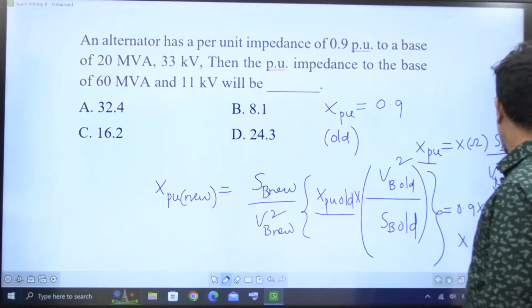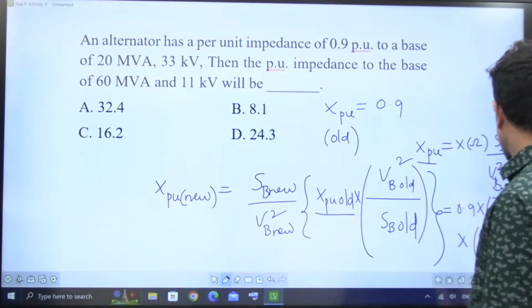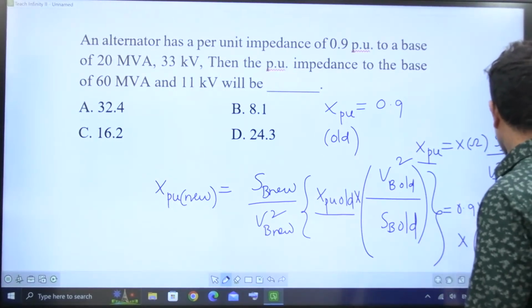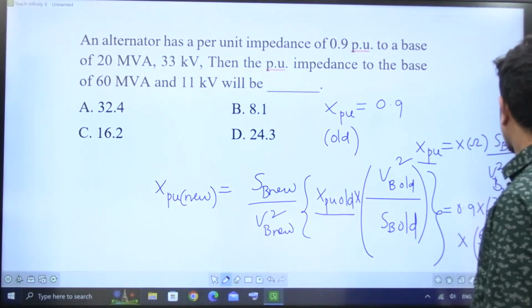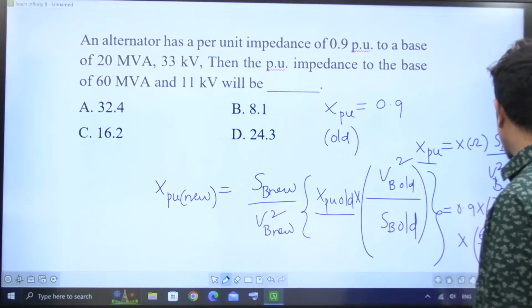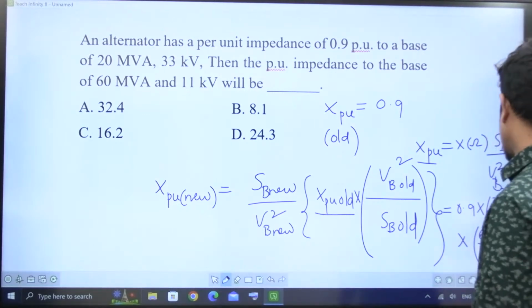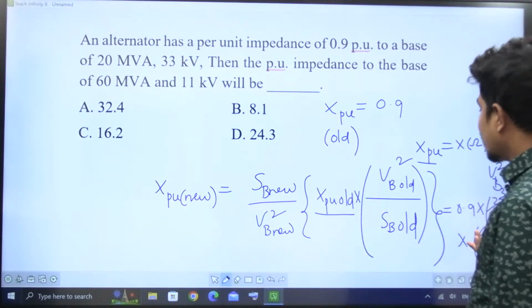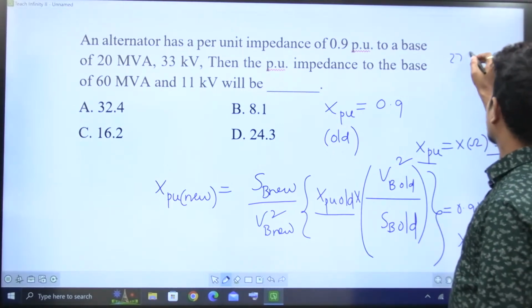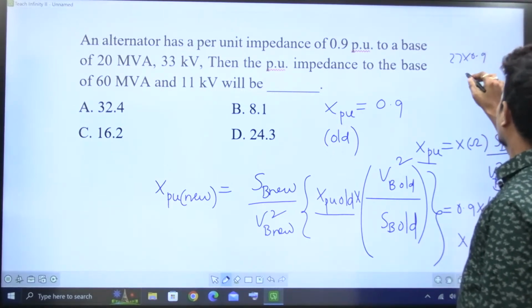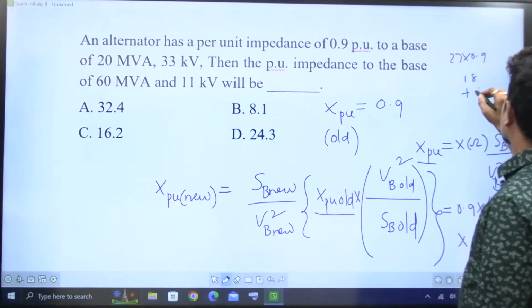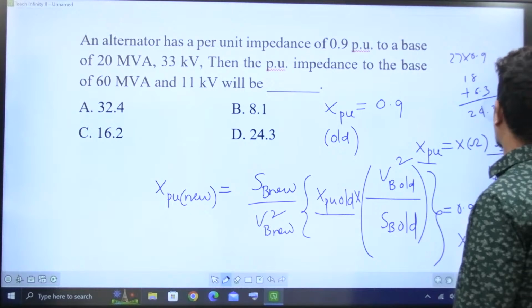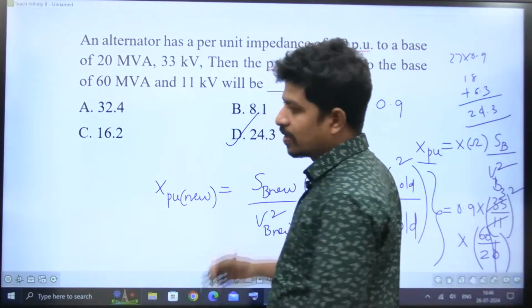So it will be 11 threes. 3 square means 9, 9 into 3, so its value is 27. 27 into 0.9: 18 plus 6.3. 24.3 is the answer. Option is D for Delhi.